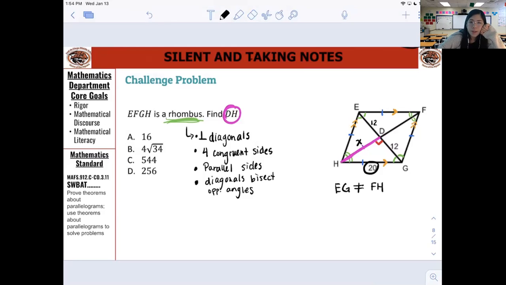Any other strategies possible? D is the midpoint, yes.